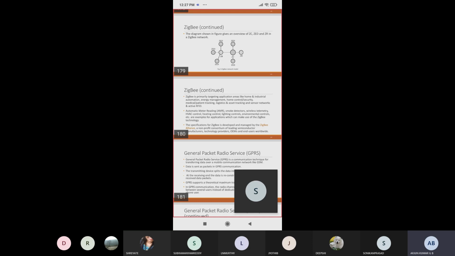Okay, why are they using this kind of Zigbee communication in embedded systems? Because it consumes very low power, and it is also low cost compared to other devices. The range also increases compared to the previous ones, like IR or Wi-Fi or Bluetooth.